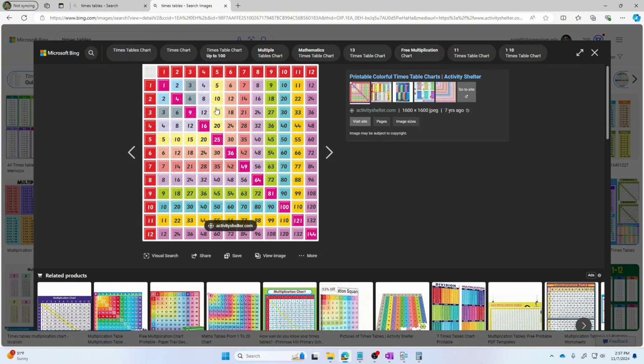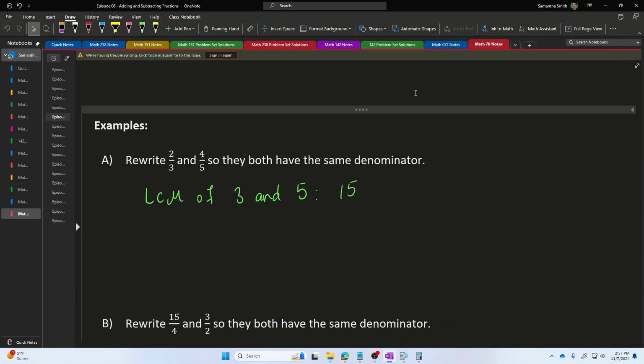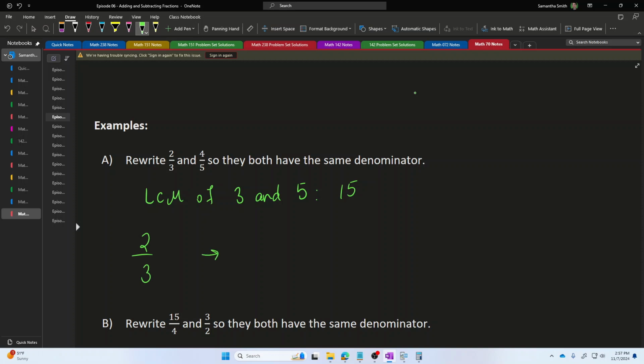The smallest common multiple of 3 and 5 is 15. So I'm going to take 2/3 and rewrite it so it has a denominator of 15. And I'm going to take 4/5 and rewrite it so it has a denominator of 15.